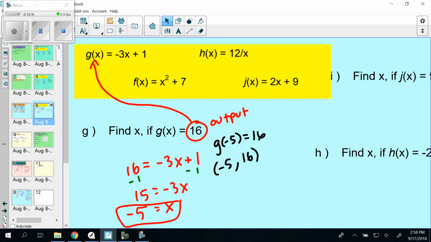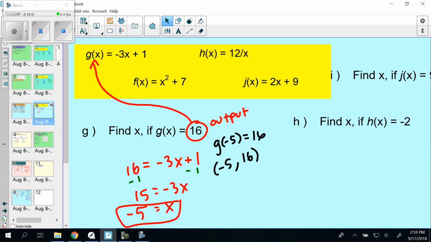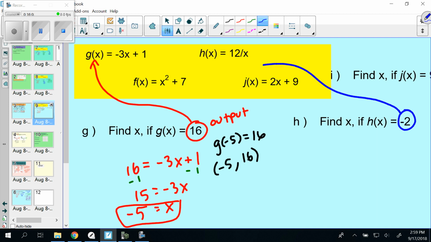All right, let's try another one here. H. Find x if the output is -2. So it's very similar. That's our output. If we put that in for the output, what do we get for the input? So -2 equals 12 over x.